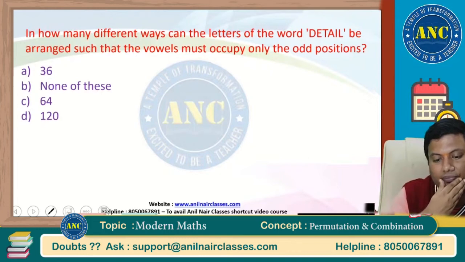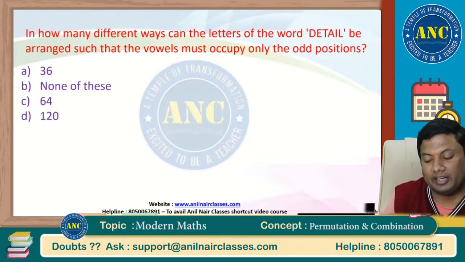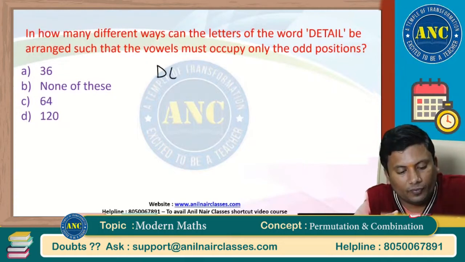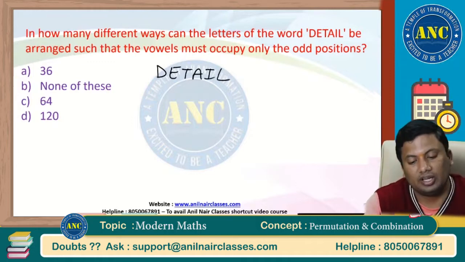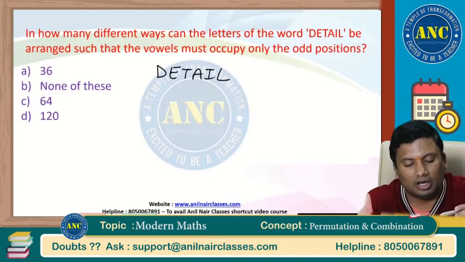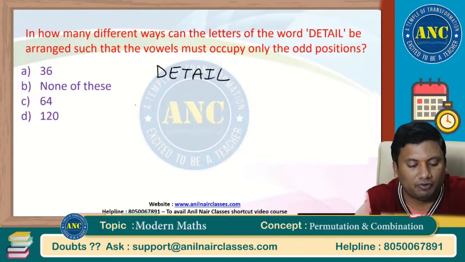Next one. In how many different ways can the letters of the word DETAIL be arranged such that the vowels occupy only the odd positions? 1, 2, 3, 4, 5, 6. Total there are 6 positions.